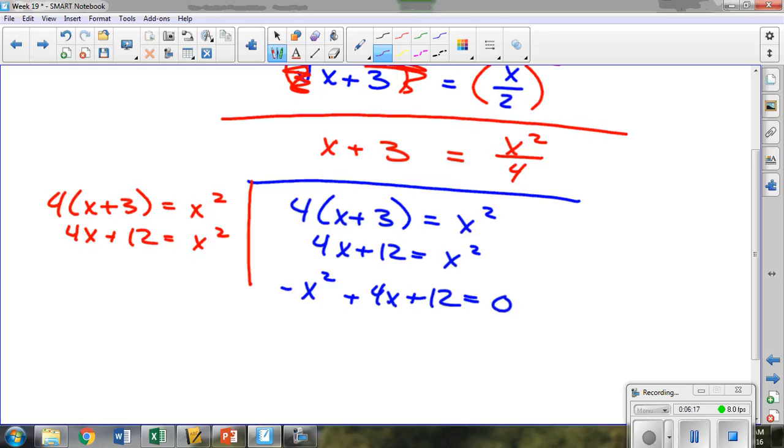So we would have had 0 equals x squared minus 4x minus 12. Some people would prefer that method. It's also correct, so it doesn't matter. One of the methods that I also considered, we could simply move these pieces over.